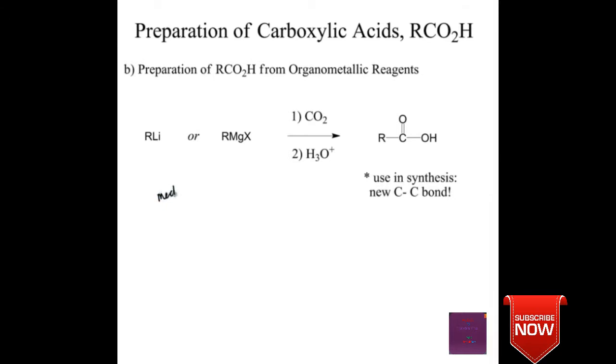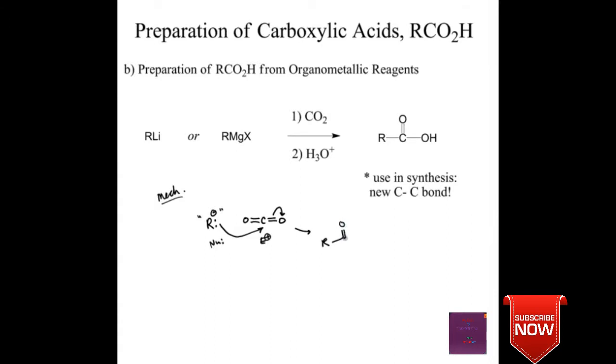We have, in either the organolithium or the Grignard, an R- equivalent. That's a good nucleophile. And if we take a look at the structure of carbon dioxide, we see a carbonyl here, so that looks like it would be a good electrophile. And so we can have it attack the carbonyl and break the pi bond.